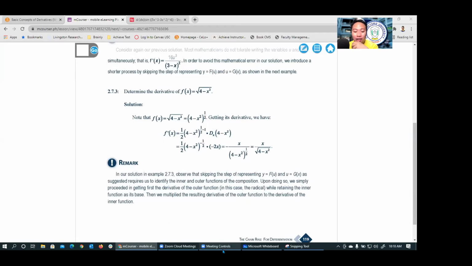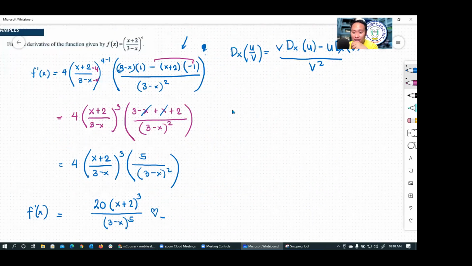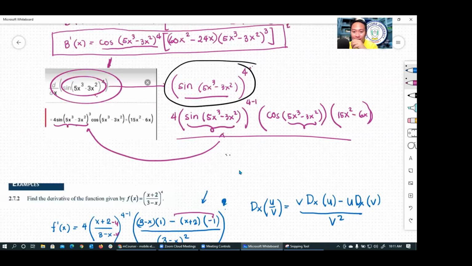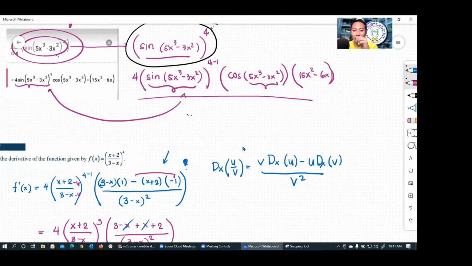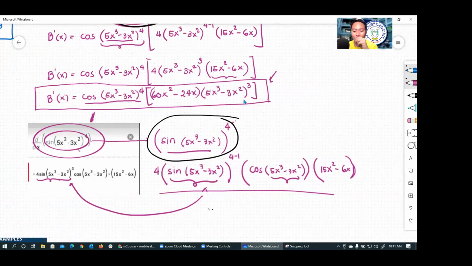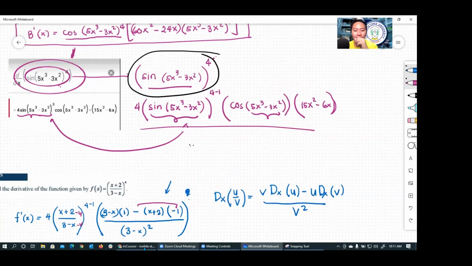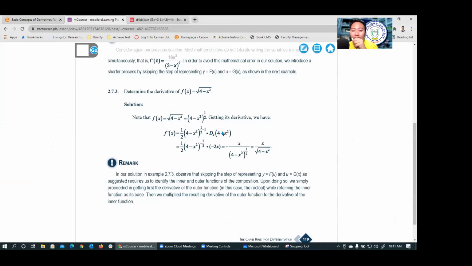In the solution that I did, I went straight to it. I didn't write the dx, because if you write too much it gets messy. I want to make sure it's simpler and organized. Going back to the book, the derivative of 4 minus x squared here is negative 2x. Right? The derivative of 4 is 0, and negative x squared is negative 2x.